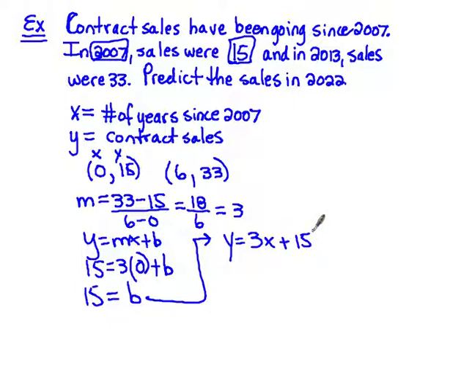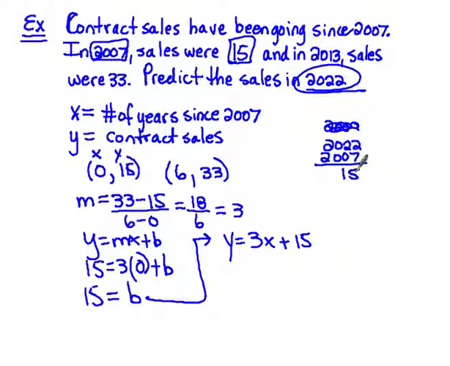Now, this is the equation of the line, so now I can look at 2022. 2022 minus 2007 is 15 years. That's an X value.